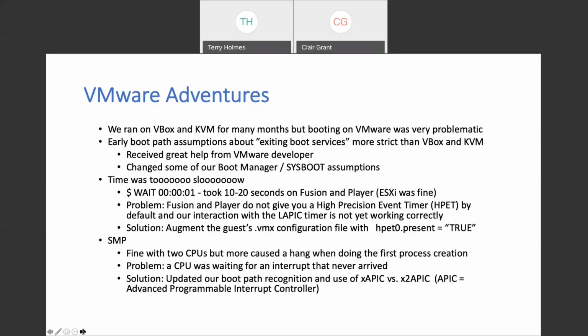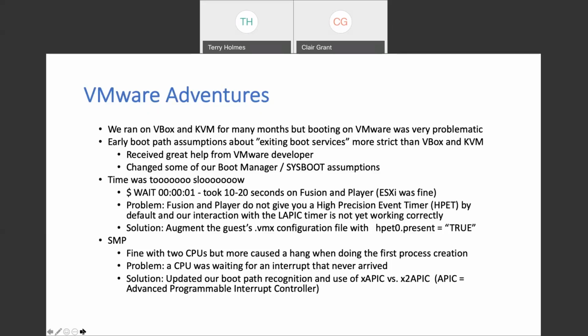And what happened was, when you exit boot services, there's a whole bunch of things that pretty much at this point would get turned over to the operating system. VMware was really particular about whether what had happened so far in the boot manager did or did not leave the current state of the system in a proper state.